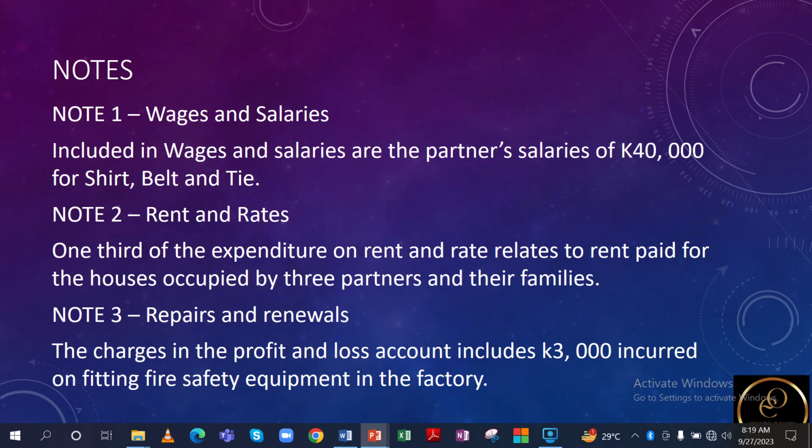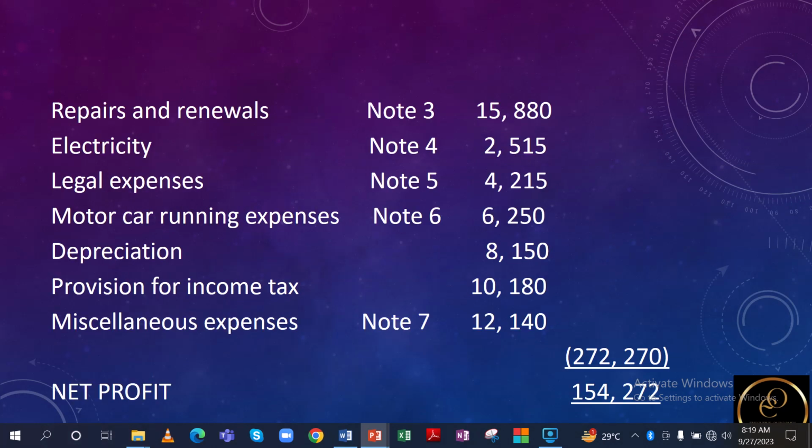So we know that when it comes to the rules of deductible expenses, what expenses are going to be allowed or disallowed, we are guided that where the owners pay themselves or draw something from the business, in this particular case salary, it is taken as an appropriation of profit.